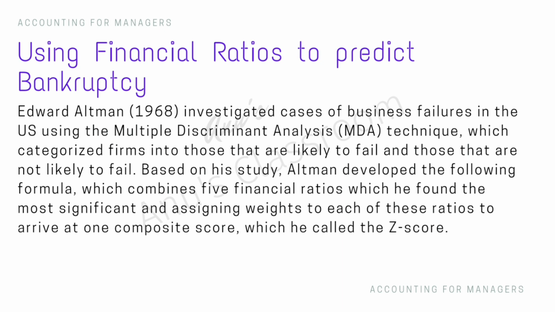He found that of all the different factors which had a relationship with the failure of the firm, 5 major factors are the key drivers of failure. And based on that, he found a Z-score, which once we calculate, depending upon that score, we can predict whether or not the firm is headed towards bankruptcy.